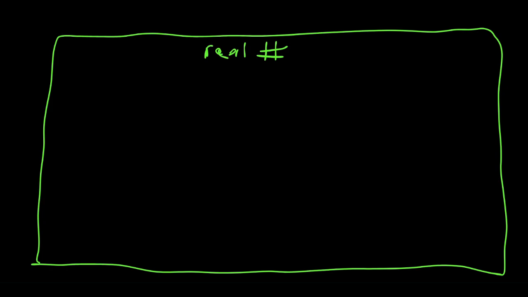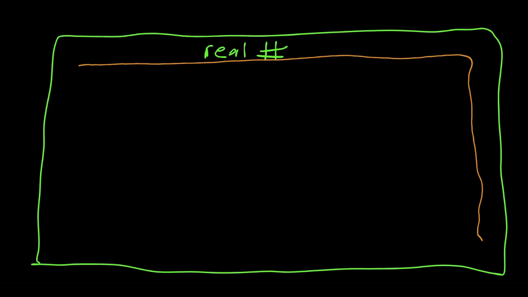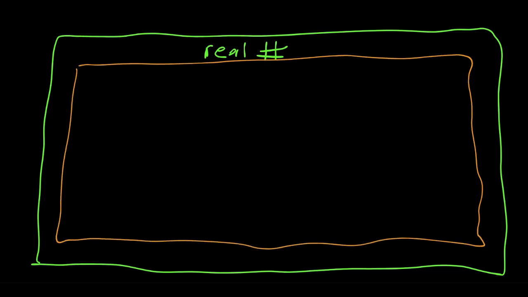Everything that we work with is contained within this great big box. Then there's a smaller box nested within the real numbers that contains all of the rational numbers.